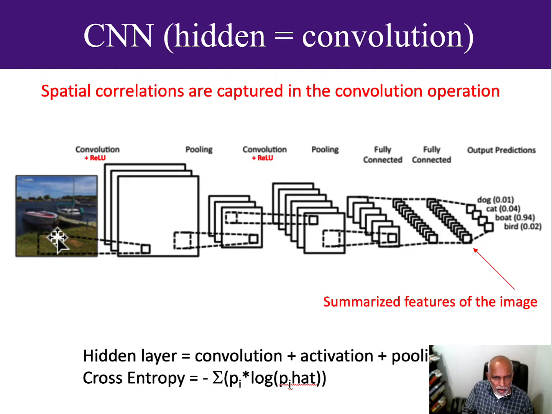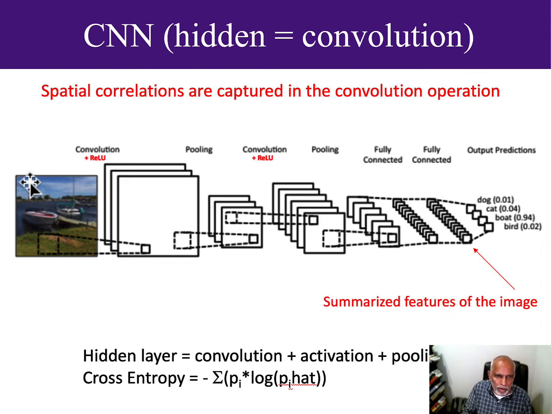So it is the inner product of the kernel with respect to that part of the region of the image, and you keep sweeping that all over the image. You will start here. If it is 28 by 28, let's say you have a 4 by 4 kernel. The 4 by 4 kernel can have, let's say, all off-diagonals zeros and diagonals 1.